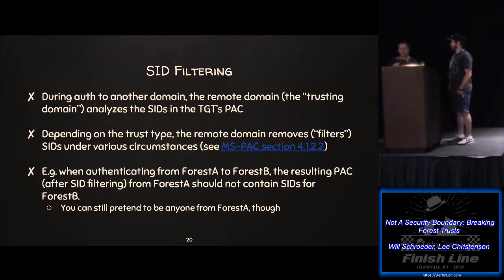That's due to this SID filtering protection inside of Active Directory. That being said, I could pretend to be any user inside of my current domain, and if those users have been granted access to resources in Will's domain, I could potentially escalate privileges. But I can't instantly become an enterprise administrator, because that SID is filtered when we cross that forest trust.